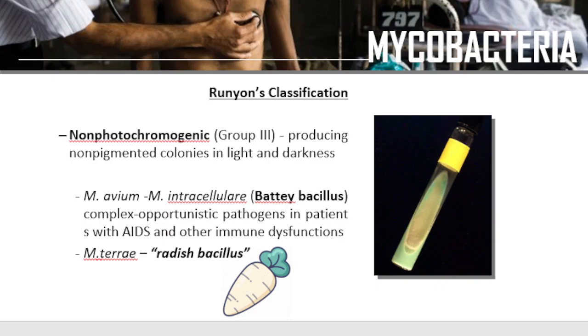So this complex consists of opportunistic pathogens in patients with AIDS and other immune dysfunctions. Now, Mycobacterium terrae, also known as the radish bacillus. Mycobacterium terrae is the radish bacillus.